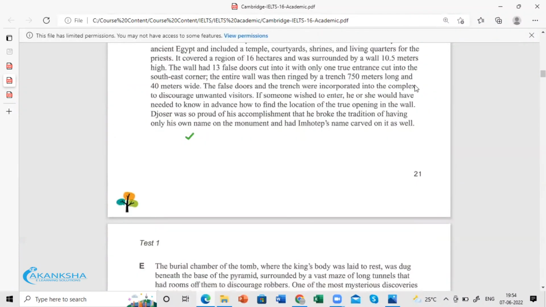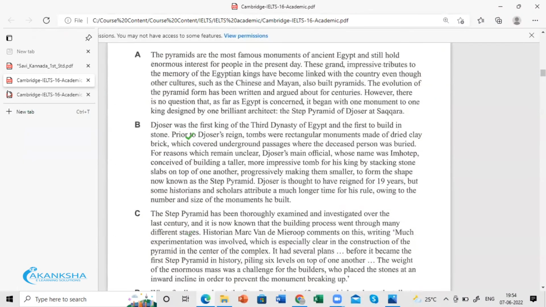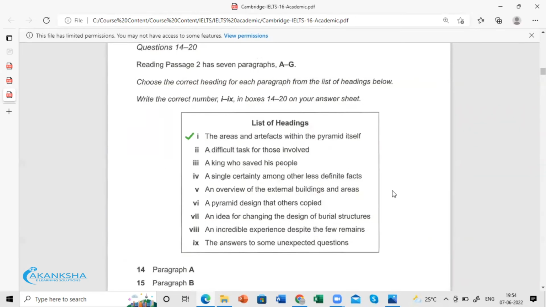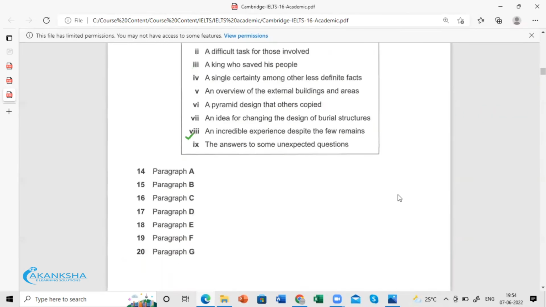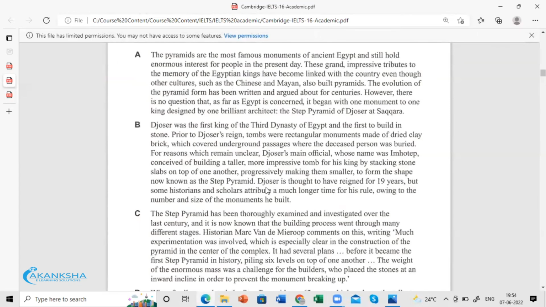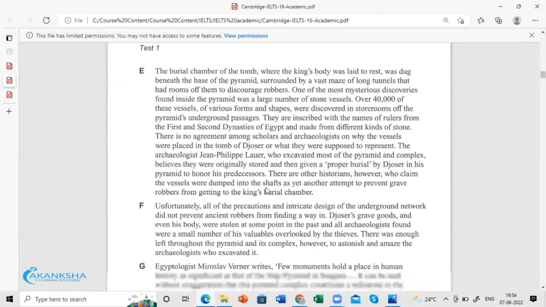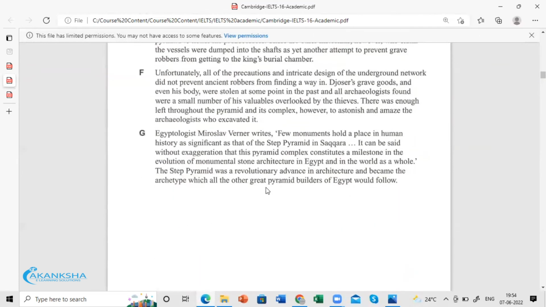So we could do the first page of it, and I think we did four of them. The total paragraphs we have is 7. The 18, 19 and 20 I would want you to try. Similarly, how we actually did, I would want you to go for E, F, G paragraphs.